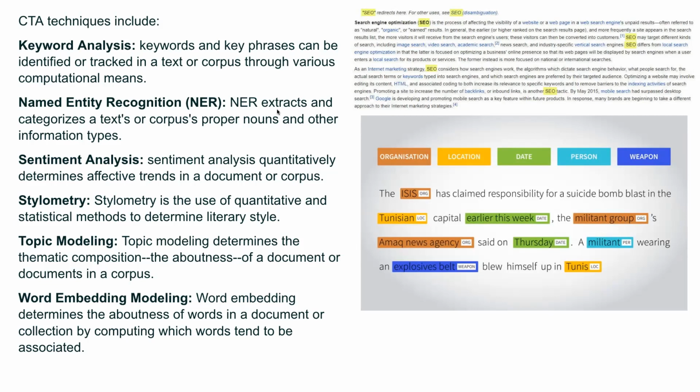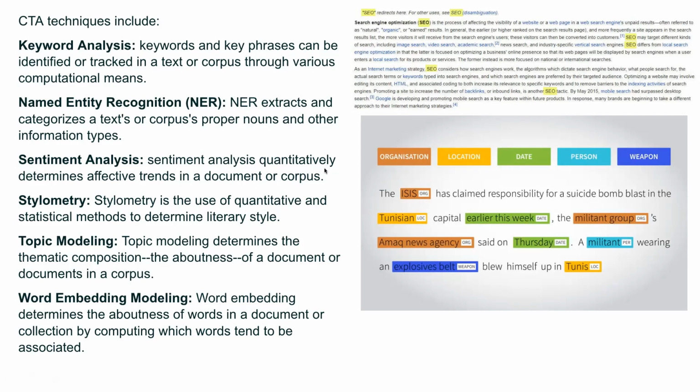You do named entity recognition, which extracts and categorizes a text's corpus, proper nouns, and other information types. So in this context, a keyword analysis is SEO. Keyword analysis goes to a text and counts the occurrence of SEO, and gives you a frequency analysis of how frequently they appear in a text.